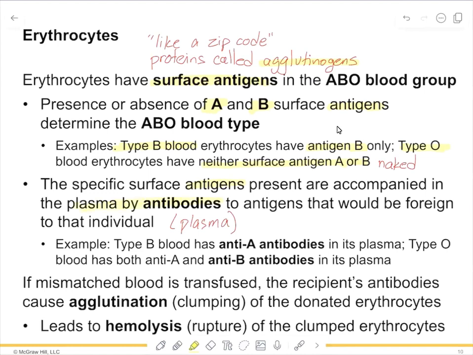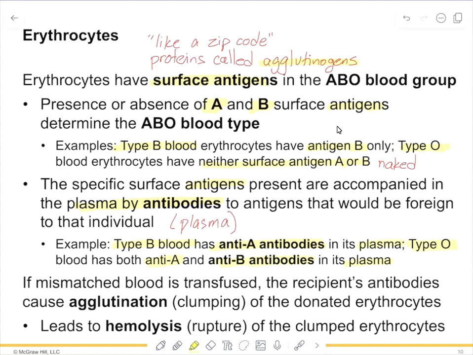And it's a protein that is formed from the immune system. So the antibody that is present is against every other antigen. So type B blood would have the anti-A antibody. Type O blood would have both the anti-A and the anti-B antibodies in its plasma.